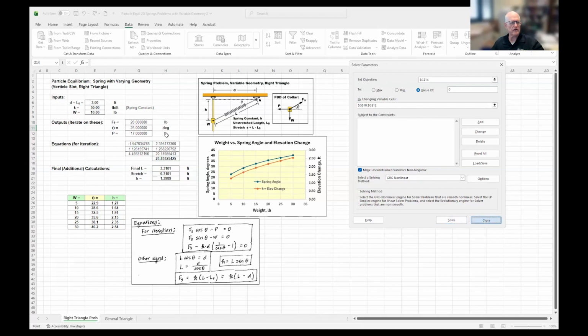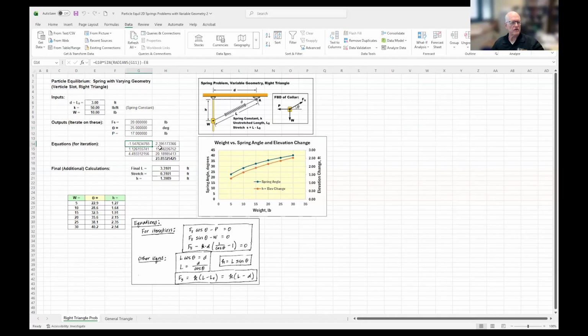In this cell, I plugged in the weight equation. This cell, I plugged in the first equation here. And this cell, I plugged in this third equation.